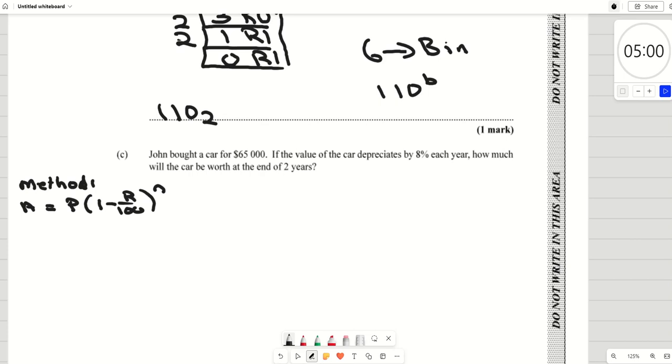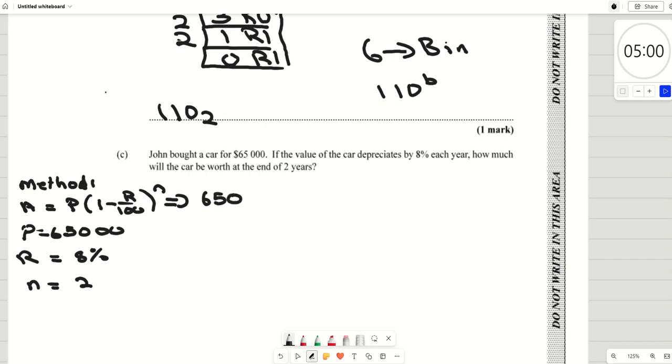So P is the principal, that's the amount invested, which is 6,500. R is your rate, which is 8%, and n, which is your number of years, is 2. This is what you're going to put in your calculator.